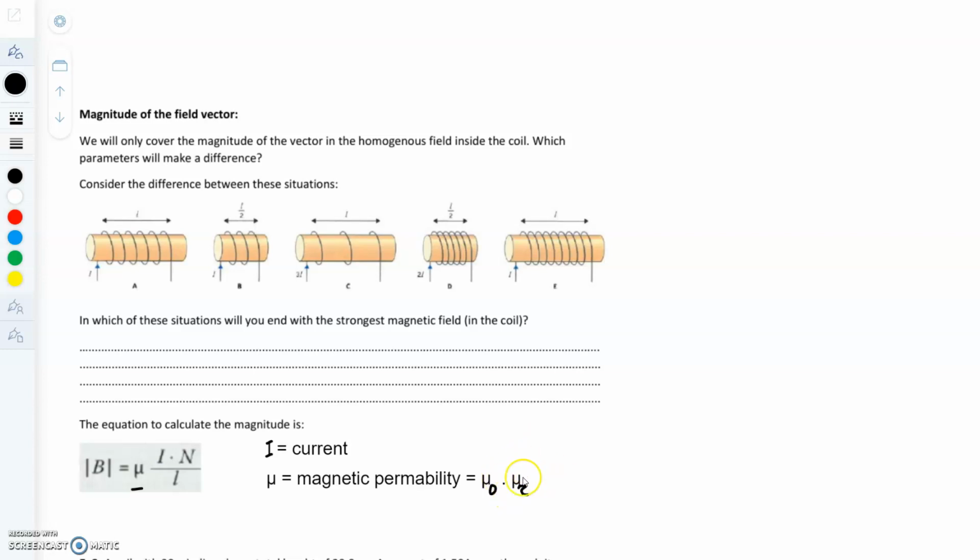For air and everything, this is close to 1. If you've got a ferromagnetic material in there, this will be much higher. Ferrite, for instance, 640 times as strong, as a simple example.